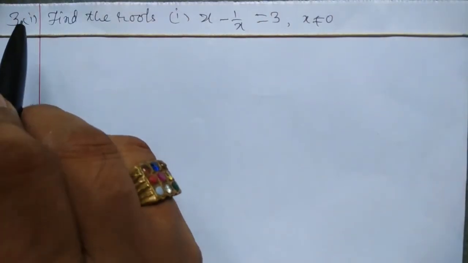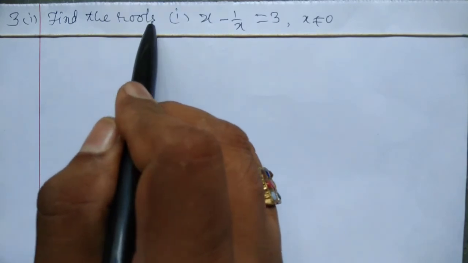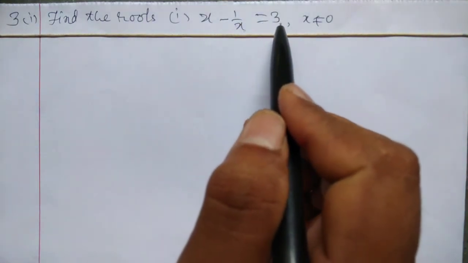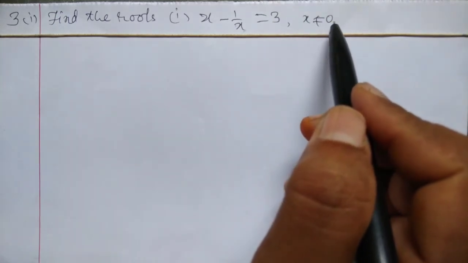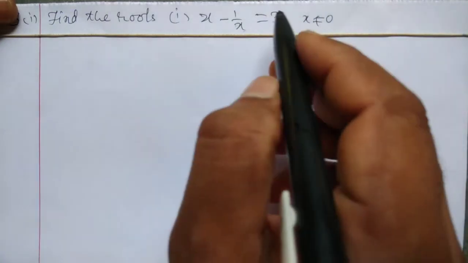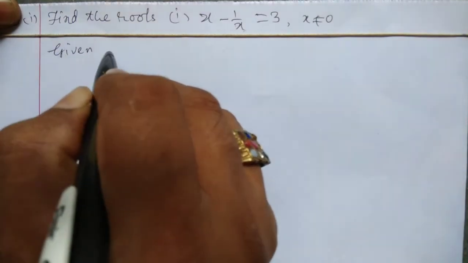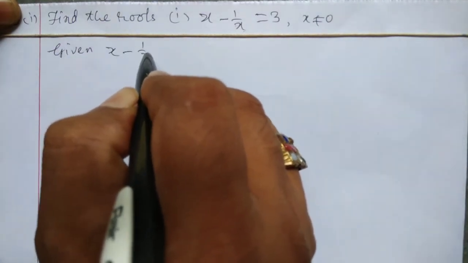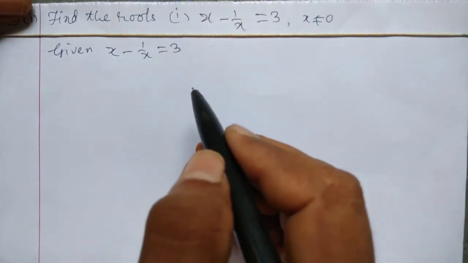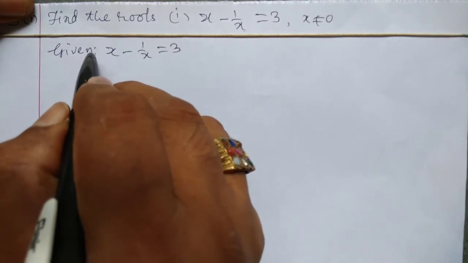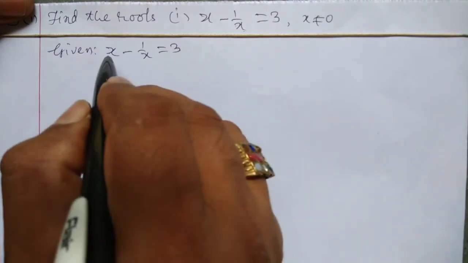Third bit, first problem, find the roots. First problem: x minus 1 by x is equal to 3, x not equal to 0. Given equation, x minus 1 by x is equal to 3, but this is not in a quadratic form, that's why we can try to make it a quadratic form.